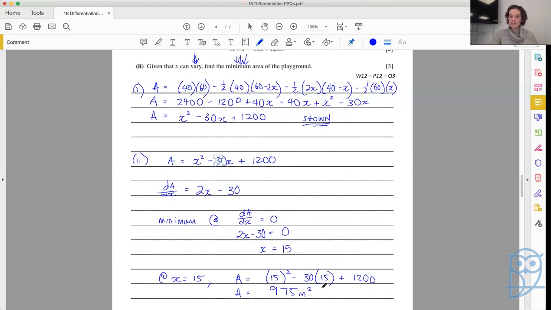Are there any questions out of this already? Are we happy with applied differentiation and the questions before it? I know that some of you aren't necessarily at this stage, so bear with me, but it seems like everybody has caught up. So we shall move on to the next question.